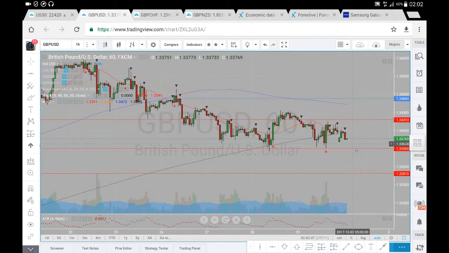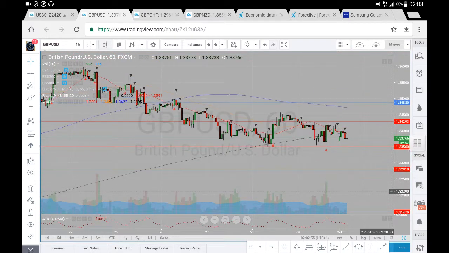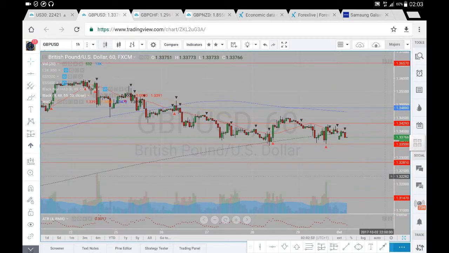So with 133.50, a break and hold of that should see price go down to test the 132.81, underneath which the 131.47 level I mentioned earlier should come into focus. That's what we're looking at this week. Now a break to the upside would likely require a fundamental catalyst.